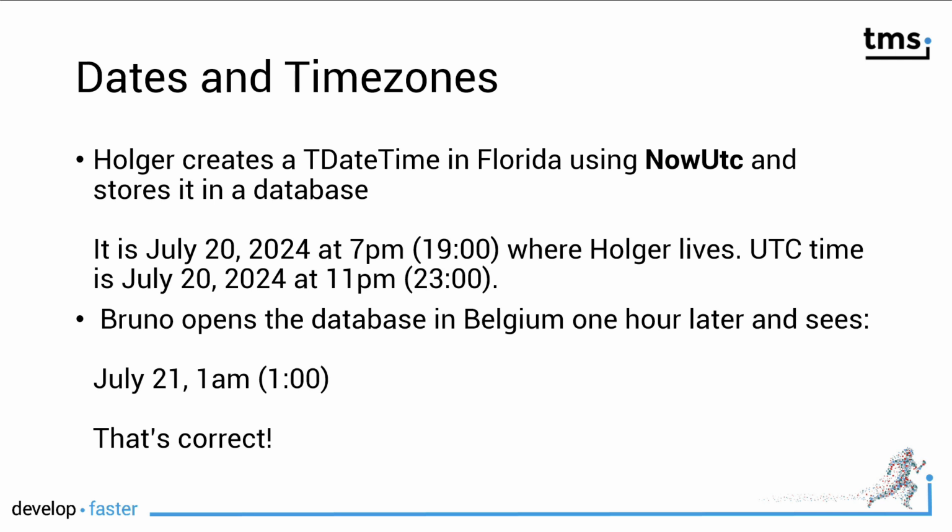So under the agreement that you store UTC time in your database, Bruno can then open the database in Belgium 1 hour later, and he's going to see that the record was created on July 21st at 1 a.m. Because his database is able to say, okay, it's UTC, I need to use the UTC offset for Belgium, and voila, that is the time that it was created, considering what the time would have been in Belgium. And that's correct, and that's what the behavior should be.